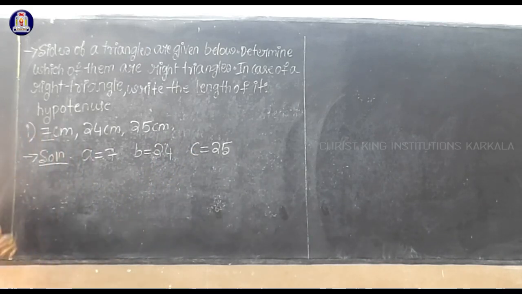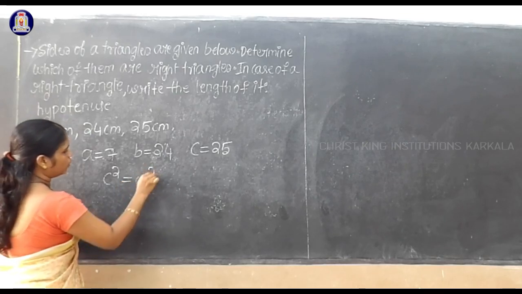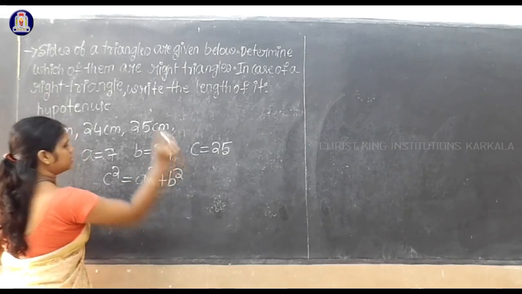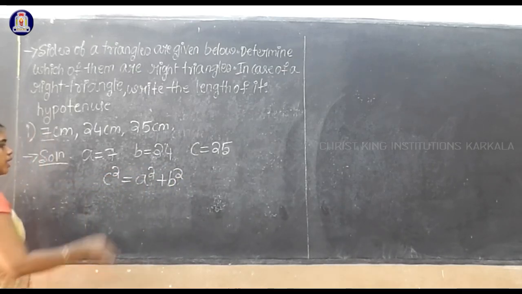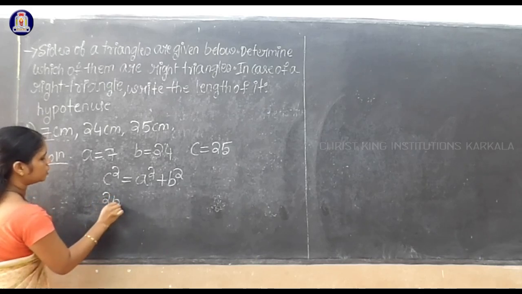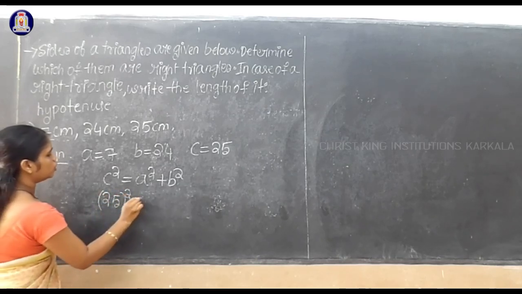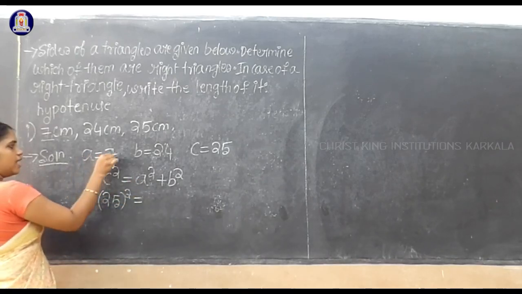Now take the relation, that is C square is equal to A square plus B square. Take this condition. Now in the place of C, substitute the value. C is equal to how much? 25. So 25 whole square equal to A value. What is the value of A here?